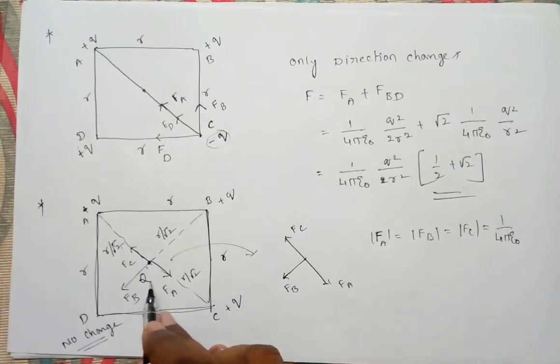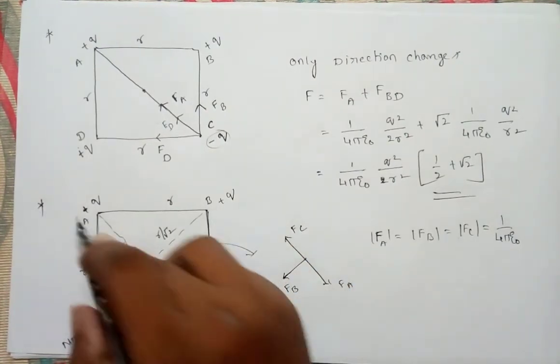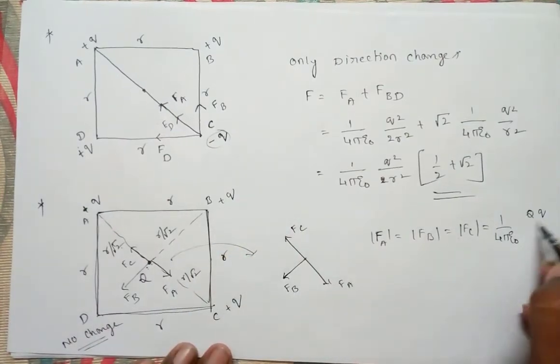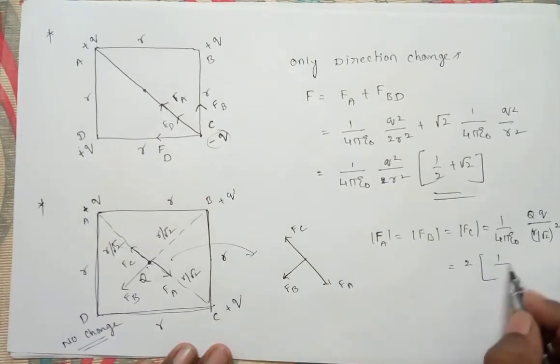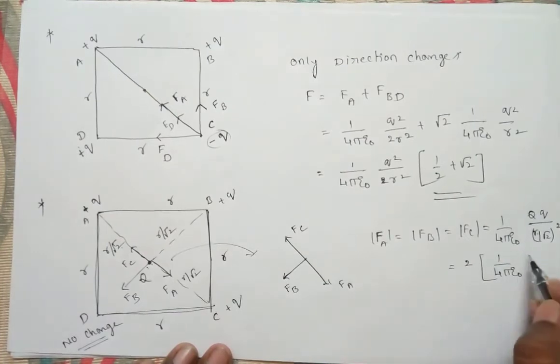Let us suppose you take this as Q1, this is Q2, same case. Capital Q into small q by R square, meaning R by root 2 whole square. Then it will be 2 into 1 upon 4 pi epsilon naught capital Q into small q by R square.